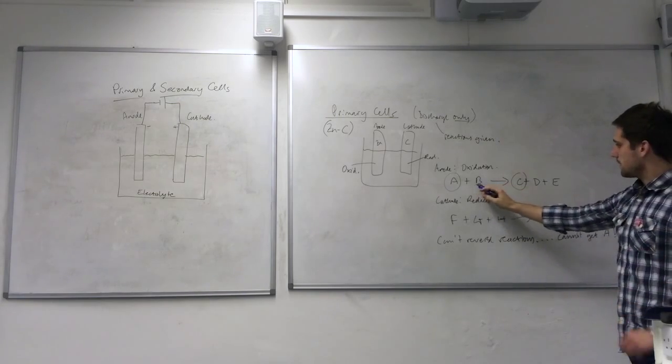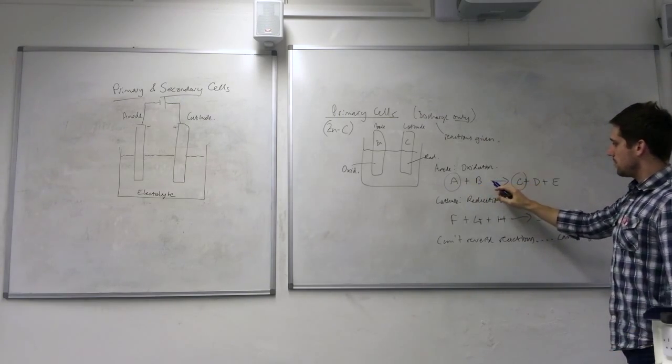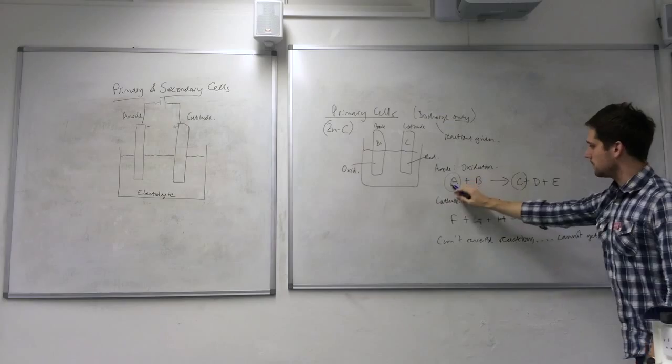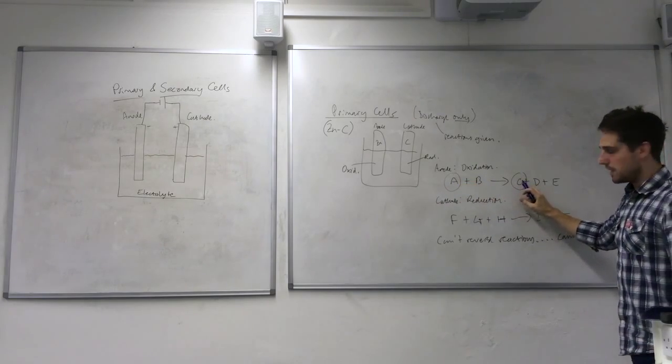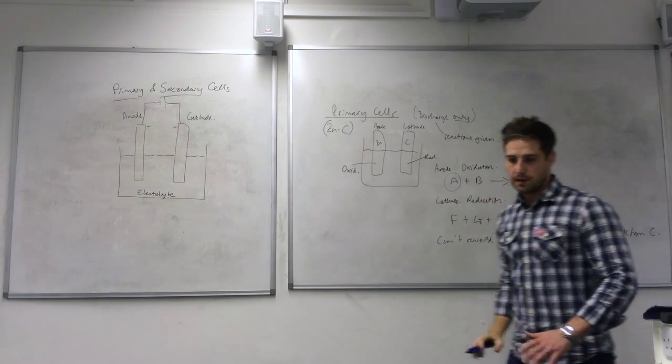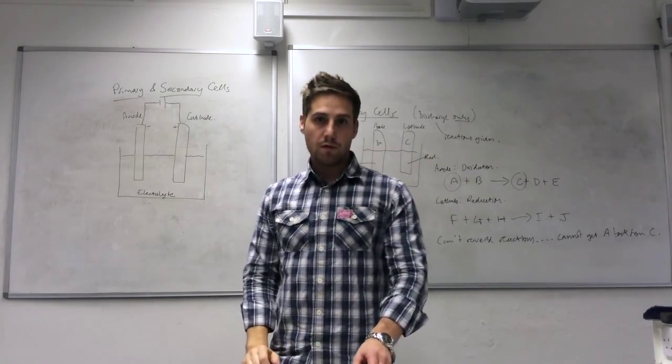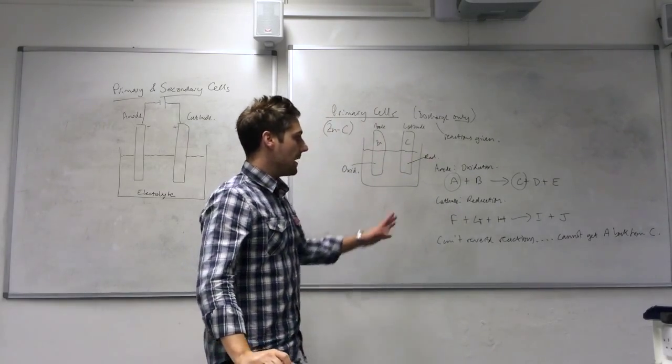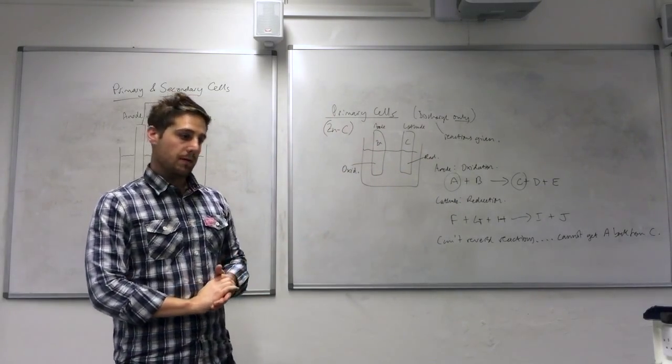So this combines, undergoes this reaction, turns into C, and we can't get A back from C. So that's why you can't reverse the reaction. And that's our example for primary cells.